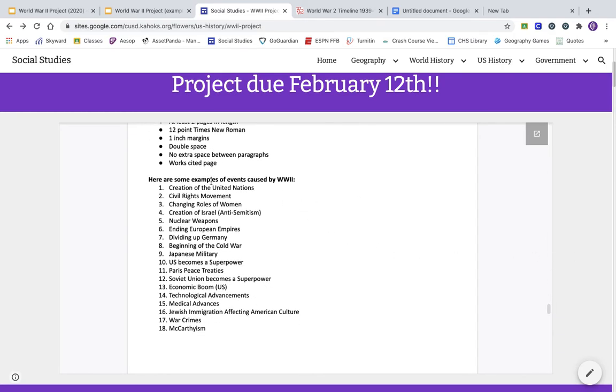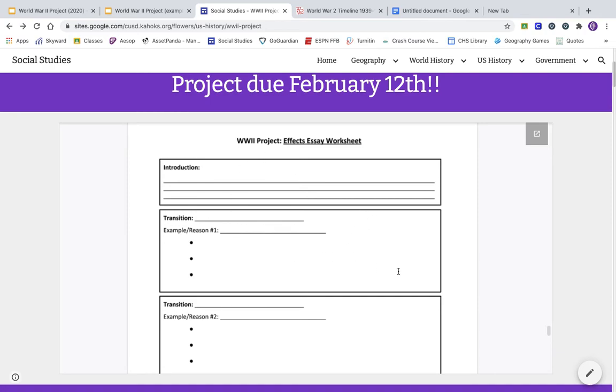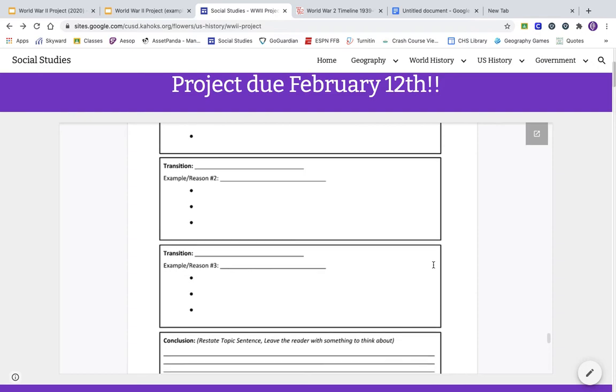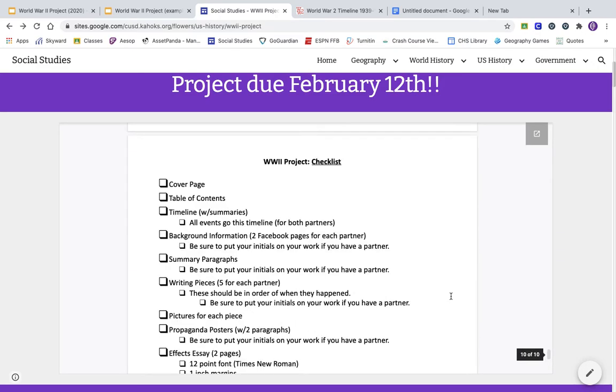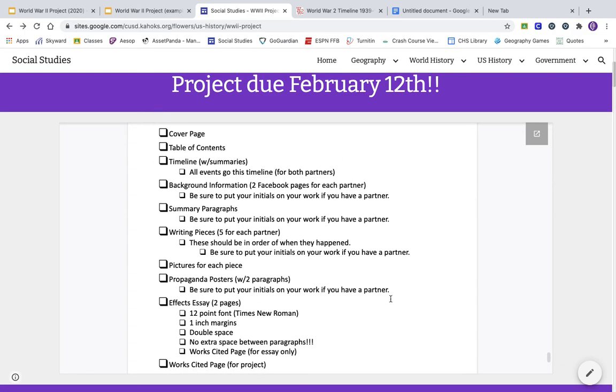Here's some ideas of different events that were caused by World War II. And then I gave you this as an outline for you. It's basically, if you do a real solid 5-paragraph essay, that should cover everything you have. Here's a checklist for everything that you need, okay?